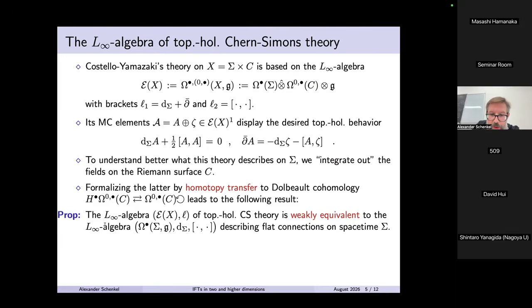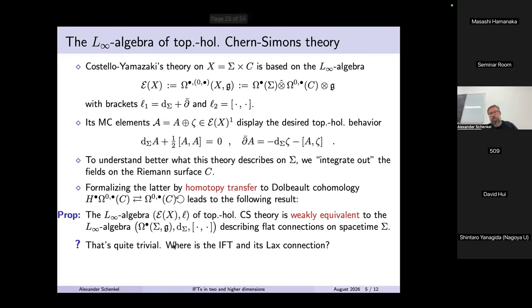So this L-infinity algebra here describes flat connections on space-time, flat connections without meromorphic dependence on the surface. The reason is, of course, that if you take CP1, here we make statements about CP1, Dolbeault cohomology of CP1 is just one-dimensional in degree 0 and 0 otherwise. So you see nothing about the Riemann surface upon integration.